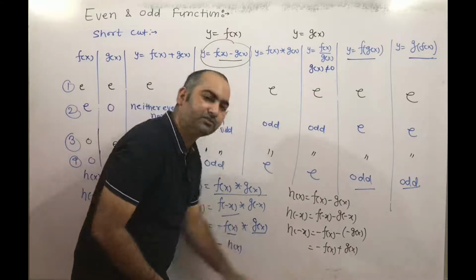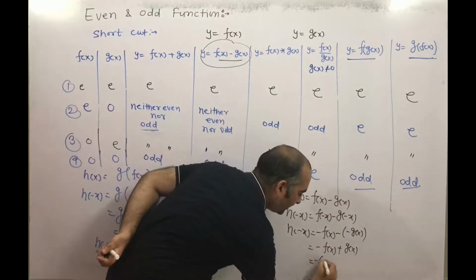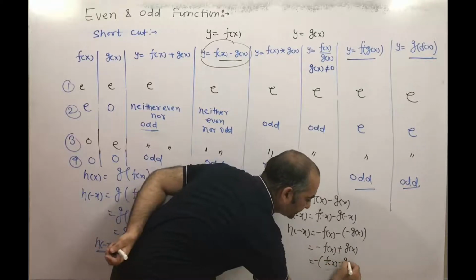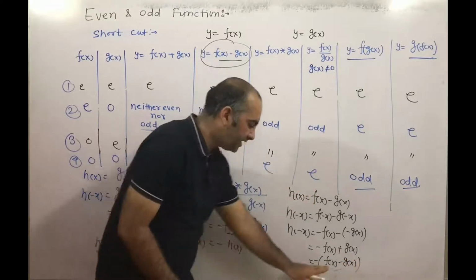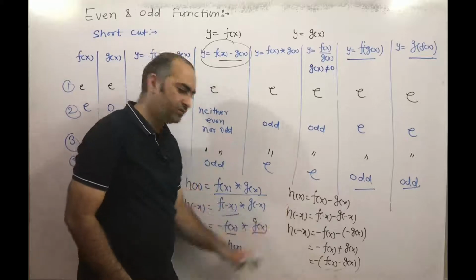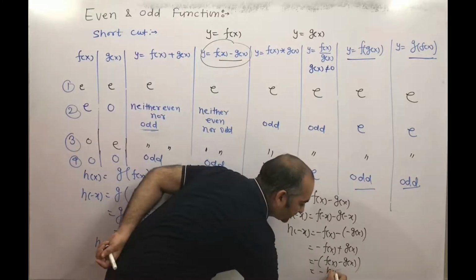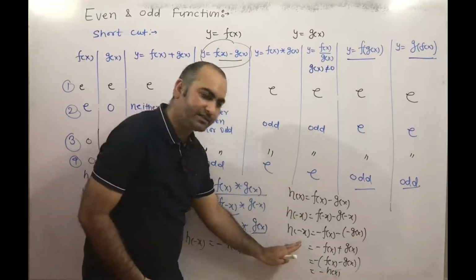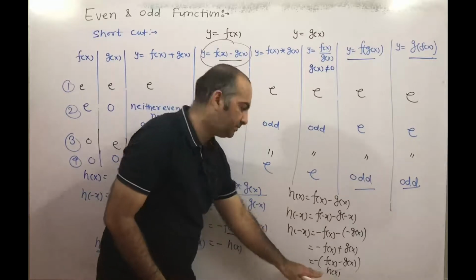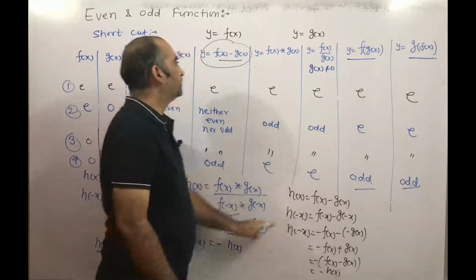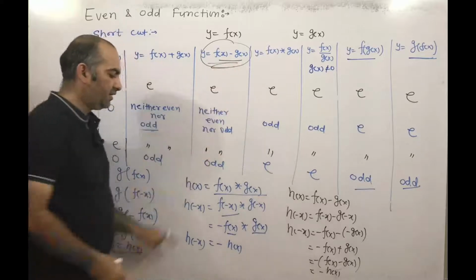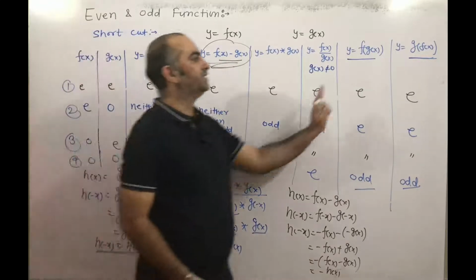Here we get a minus common. If I take minus common, what will come? f(x) - g(x), and f(x) - g(x) is h(x). So this will come out as -h(x). So h(-x) = -h(x). That means this is an odd function. So f(x) - g(x) we can say is an odd function.